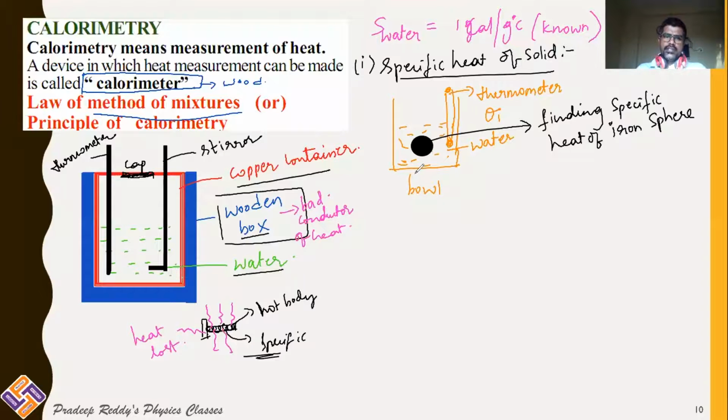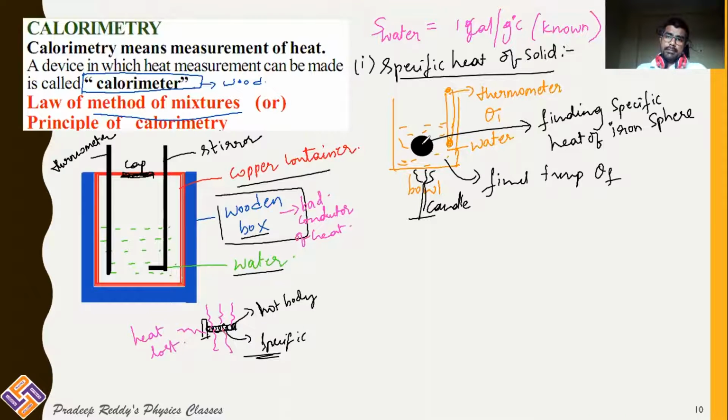Now what you do, you start heating this with a candle or a Bunsen burner, or any device you can take. As you heat it, what would happen to the temperature of water? Temperature of water increases. Final temperature, let us consider it as theta F. Theta F is the final temperature.